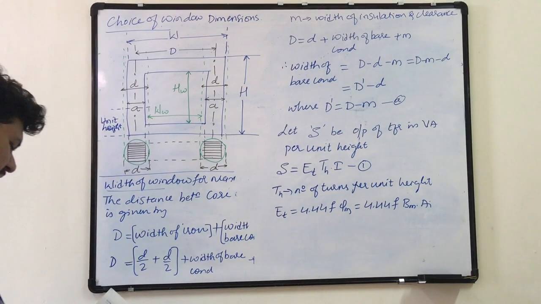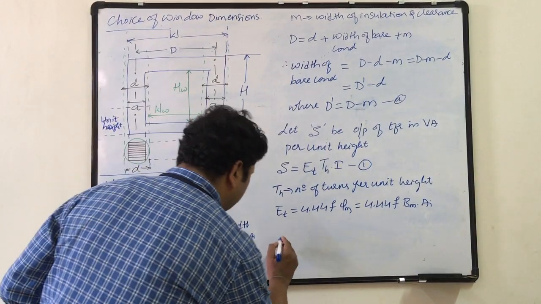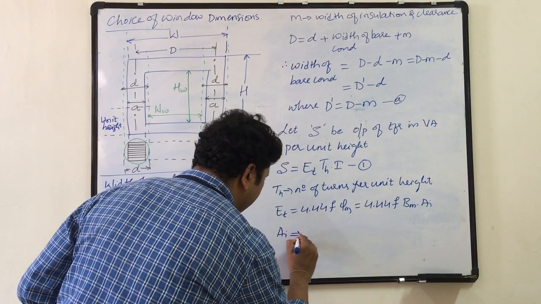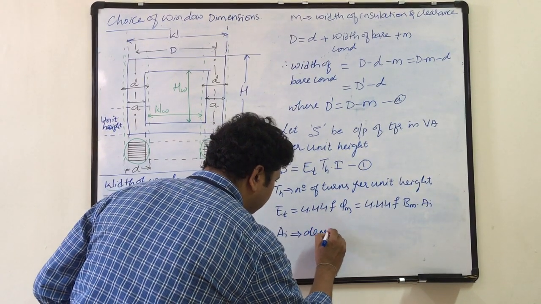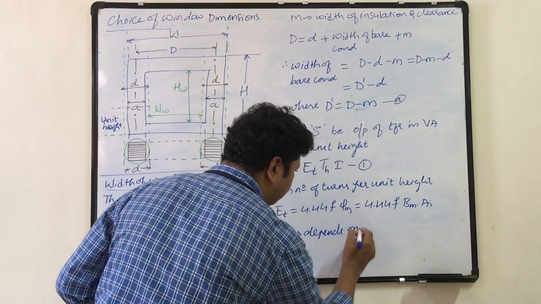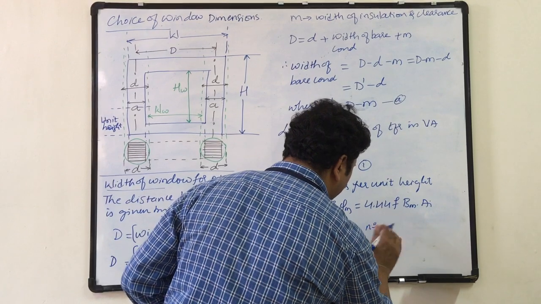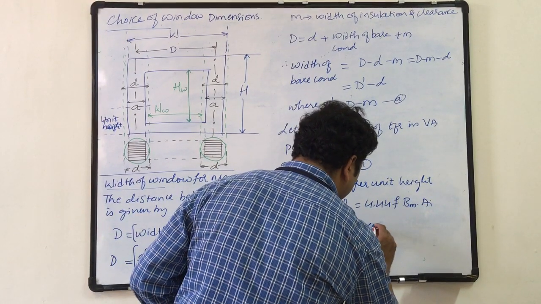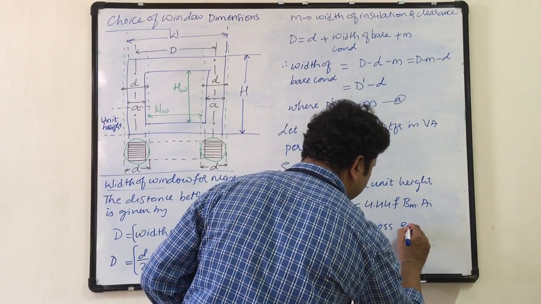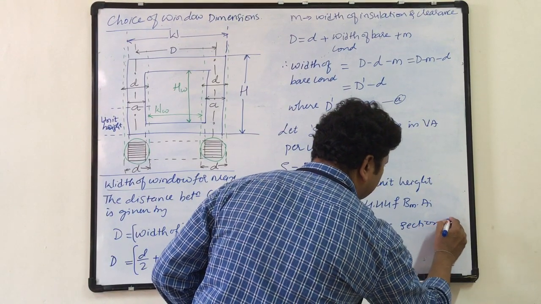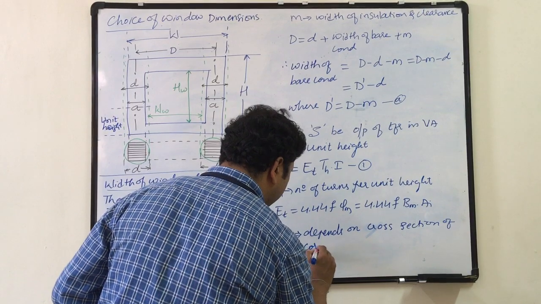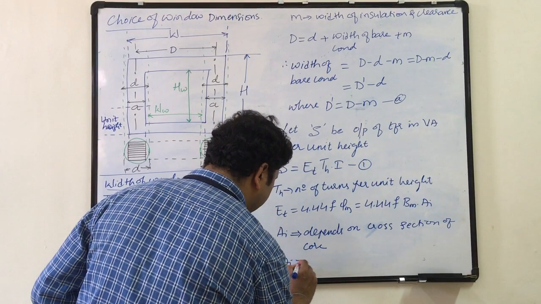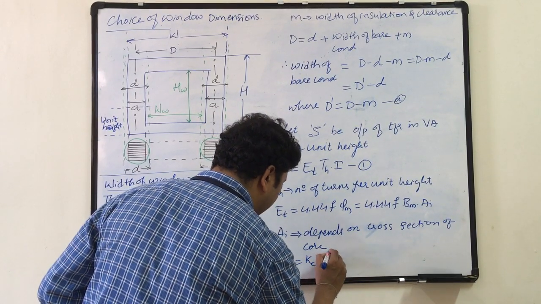So I can write simply AI depends on the cross section of the core. Therefore, AI is equal to, let us take Kc into d square.